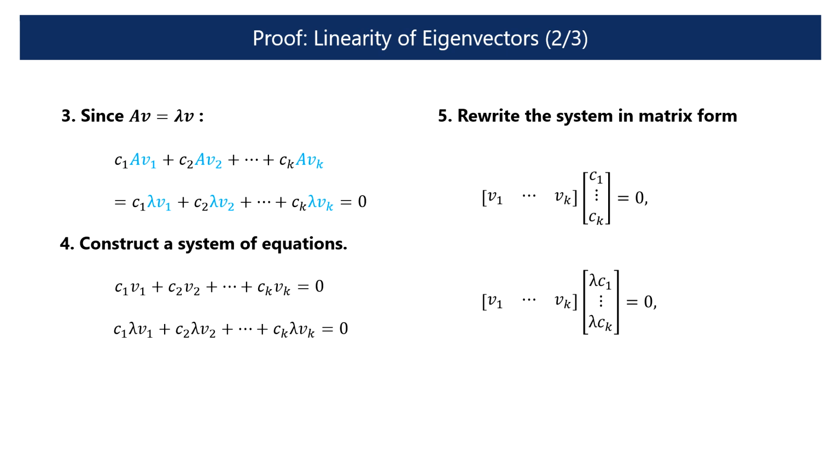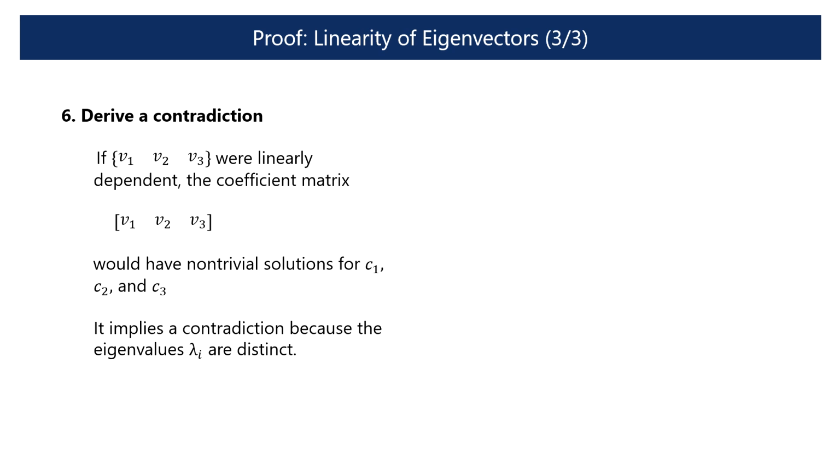Consider these two equations as a system of homogeneous linear equations in c1, c2, ..., ck. We can write them in matrix form. If eigenvectors are linearly dependent, then the coefficient matrix of eigenvectors would have non-trivial solutions for c1, c2, ..., ck.